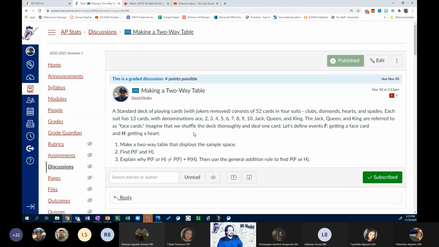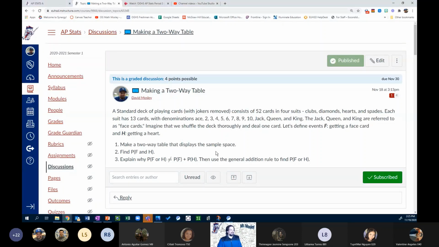Imagine that we shuffle the deck well and deal 1 card. Let's define events F, getting a face card, and H, getting a heart. Your first task is to make a two-way table. At the top of the two-way table, you could have the events face card, not a face card. The rows could be labeled heart, not a heart. Then you fill in the numbers accordingly.